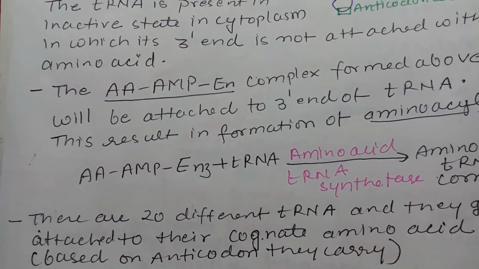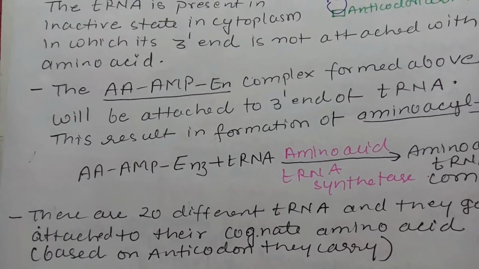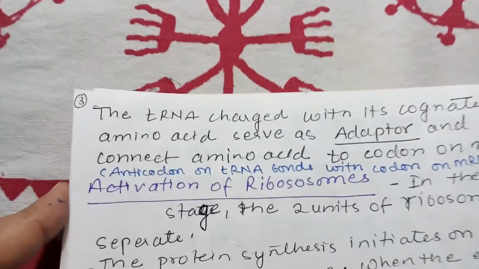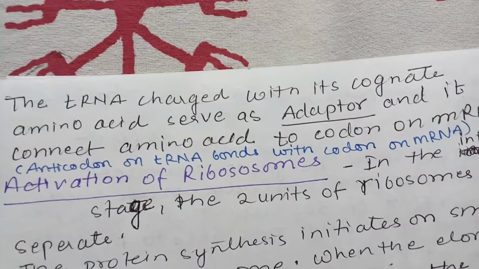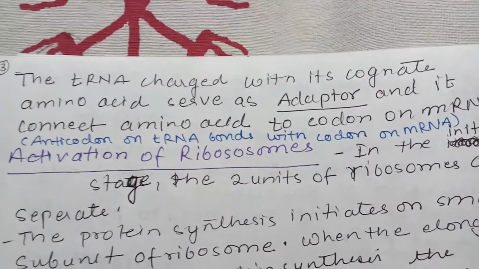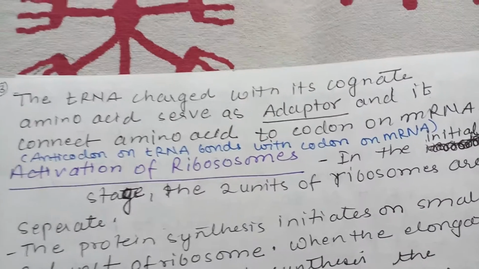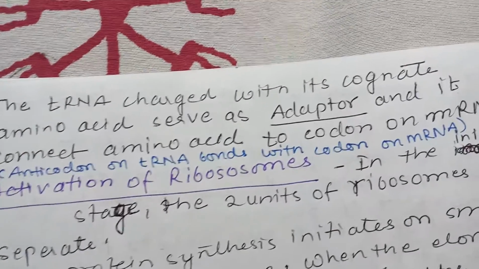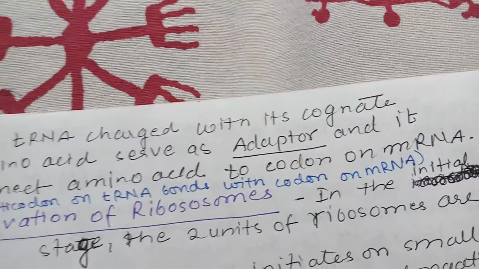They get attached to their cognate amino acid based on the anticodon, which is present in the anticodon arm of the tRNA. Now the tRNA charged with its cognate amino acid serves as the adapter, as it connects the amino acid to the codon on mRNA. So the anticodon on tRNA bonds with the codon on mRNA.